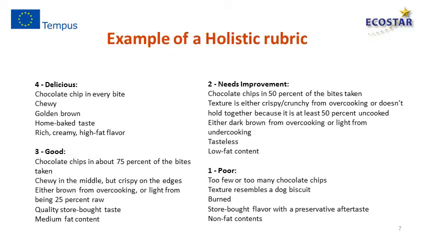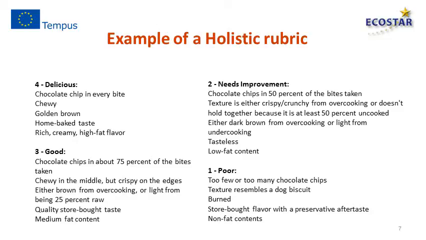This is an example of a holistic rubric. Now note that we have here 4 rating points. The cookie can be delicious, it can be good, it can be needs improvement, or poor. When you rate something holistically, you only give one score. You either give a 1 or a 2 or a 3 or a 4.